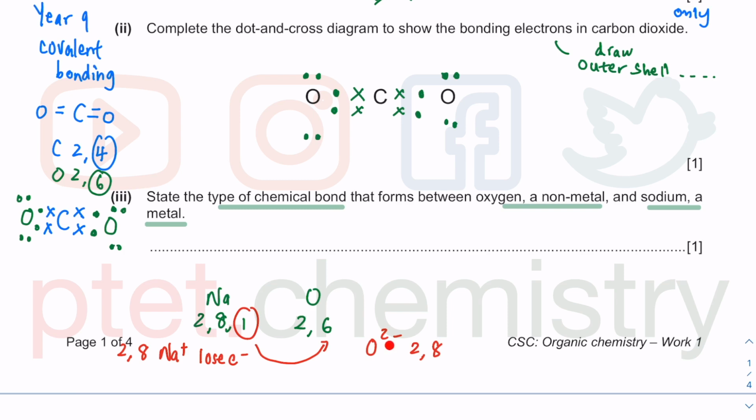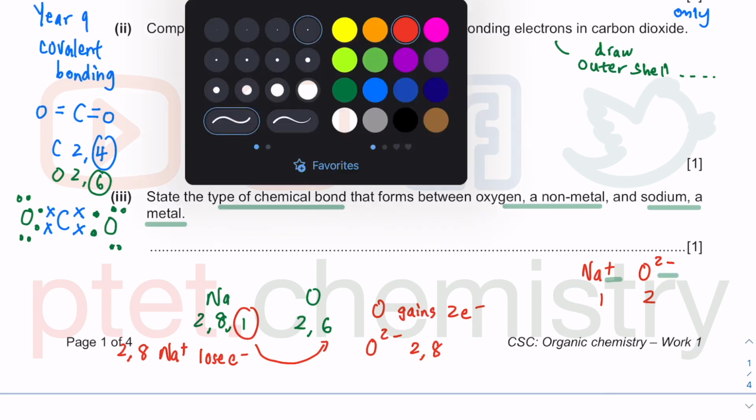You need 2 electrons, but each sodium can only donate 1, so you need another sodium. Therefore you get Na+ and O2-, 1 and 2 based on the charges of the ions.